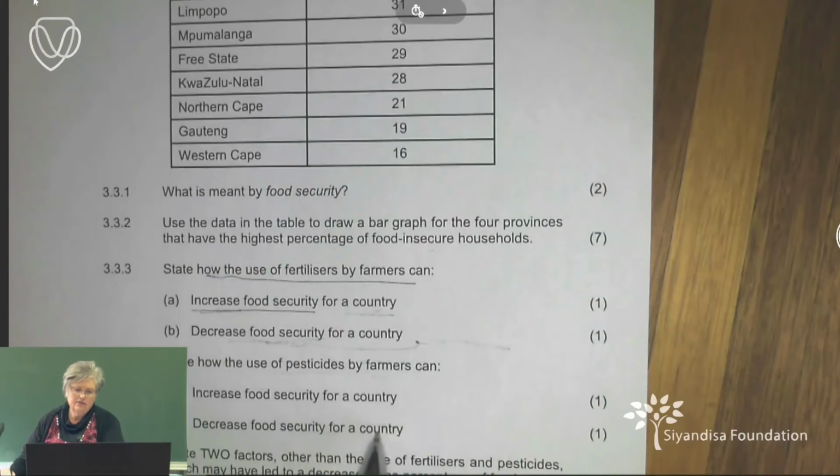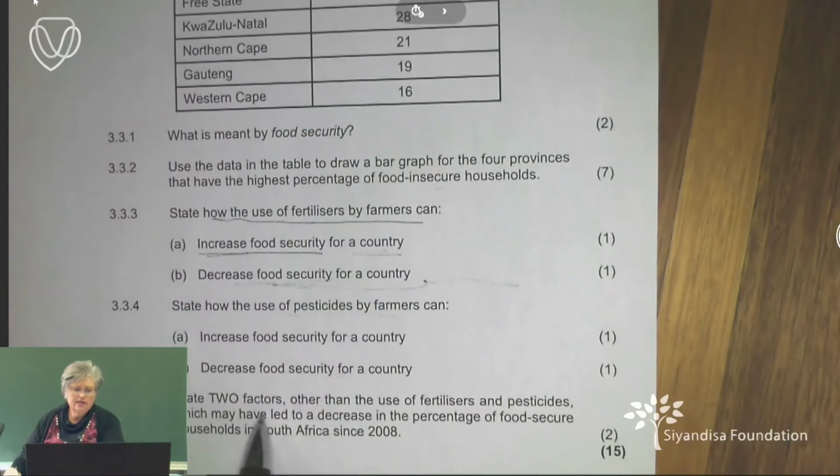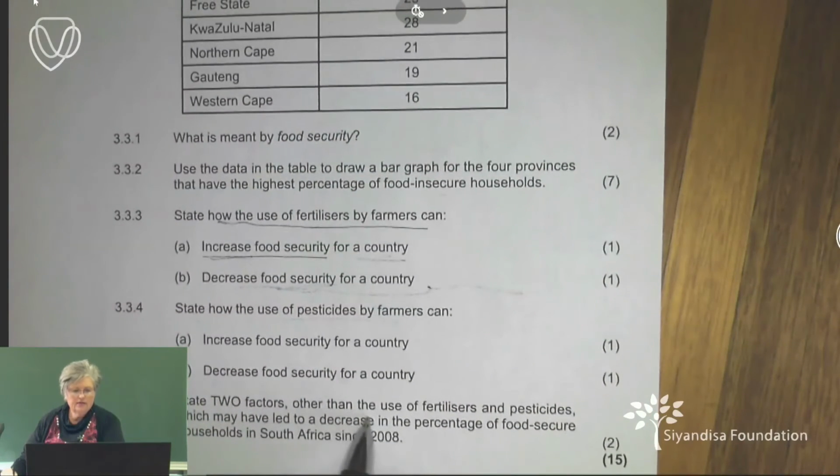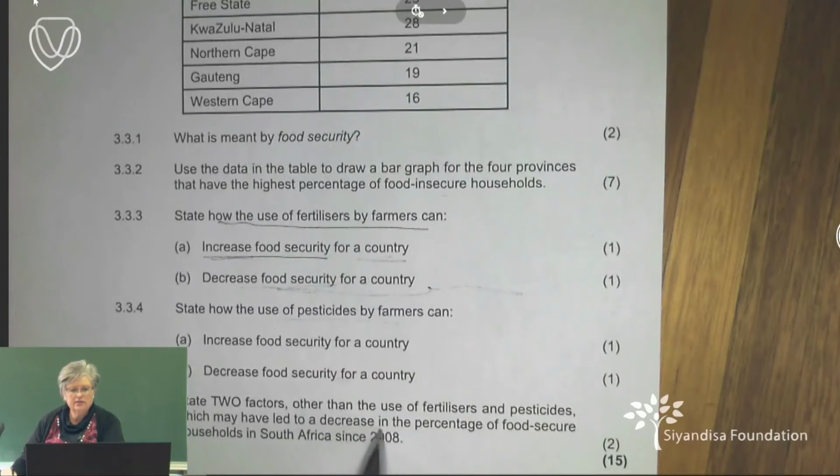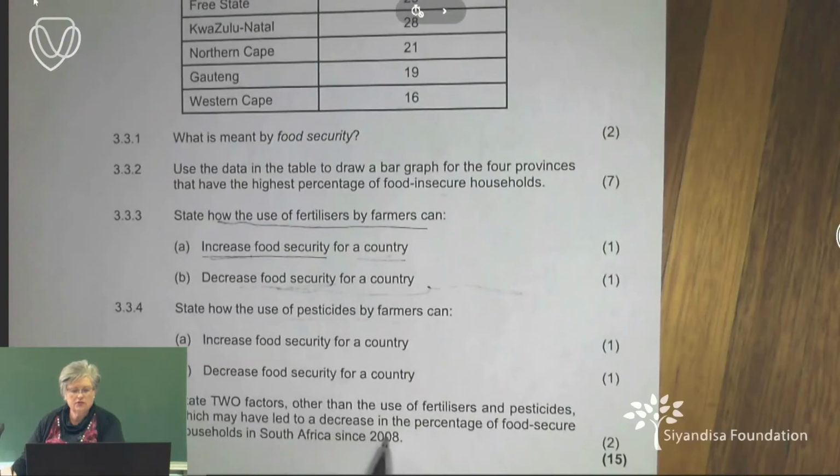So in the end, it has a negative effect. State 2 factors other than the use of fertilizers and pesticides which have led to a decrease in the percentage of food security.